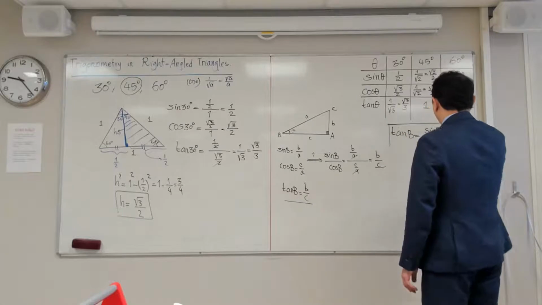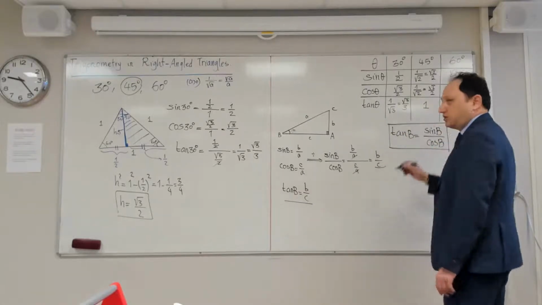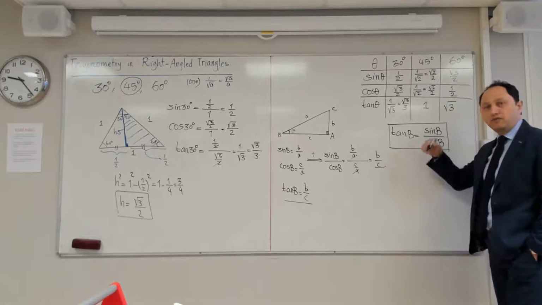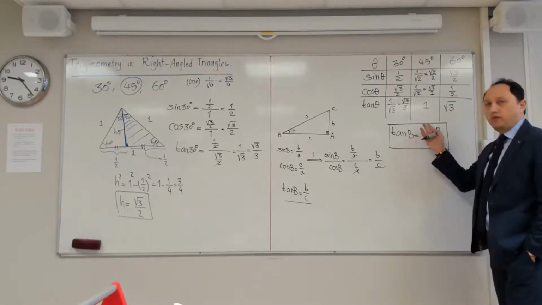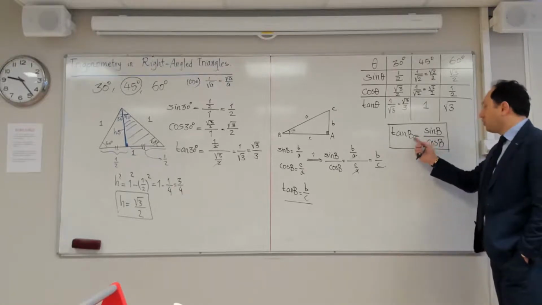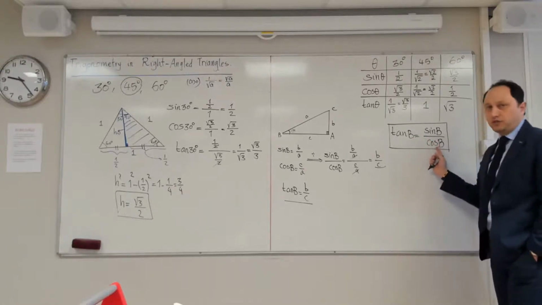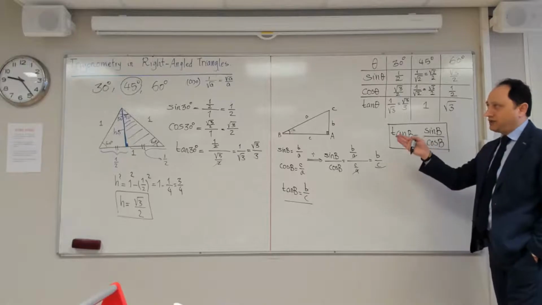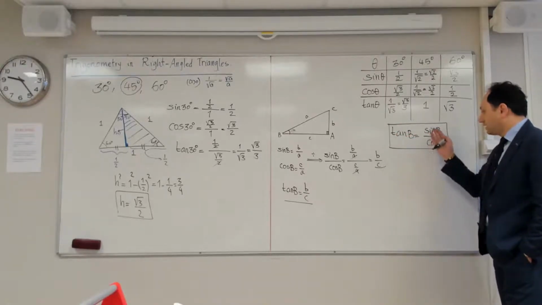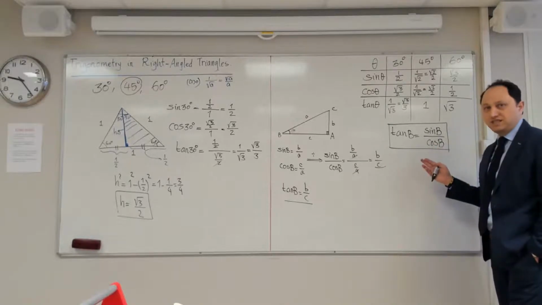So it is not only for B, for the time being, this is correct. This is true for all acute angles, but we later learn this is always true, okay? Not just for acute angles, except those values where the denominator becomes 0, okay? You will not face it in a right angle triangle, but later we will see that, for example, cosine of 90 degrees is 0.